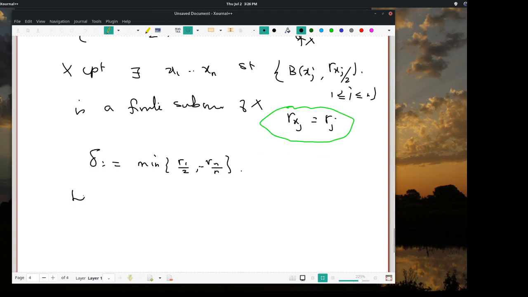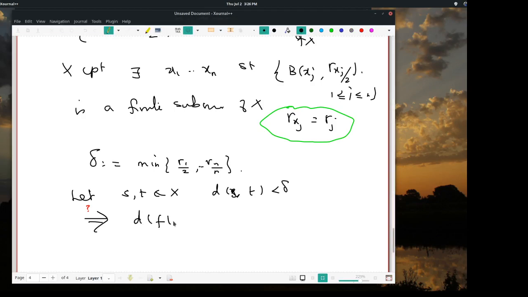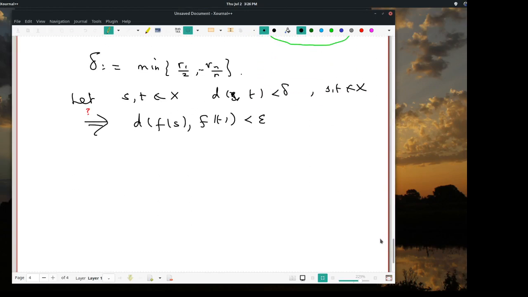Now let s and t be elements of X such that the distance between s and t is less than delta. Then I want to prove, what do I want to prove? The distance between f of s and f of t is less than epsilon.